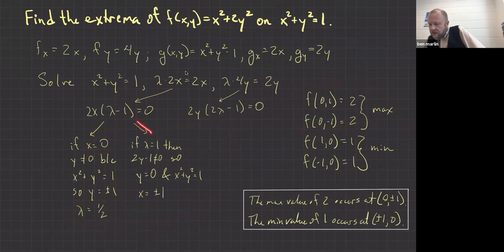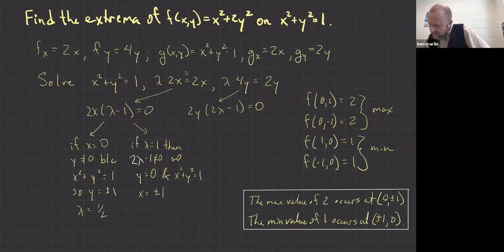Now, if on the other hand, we went this direction and had lambda was 1, then we would substitute in over here and find out that 2 lambda minus 1 has to be 1. So that means that the 2y had to be what was 0. And so that has a little typo in it there. Great.